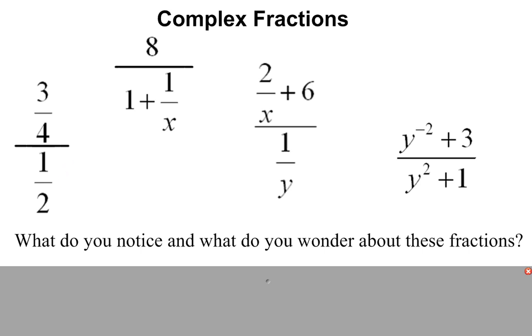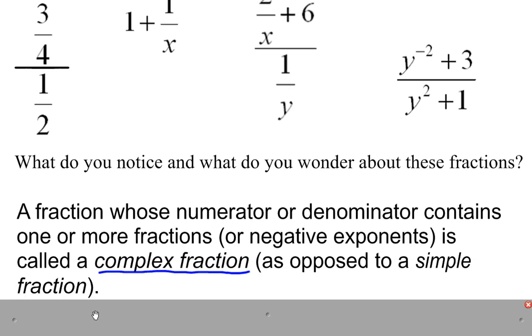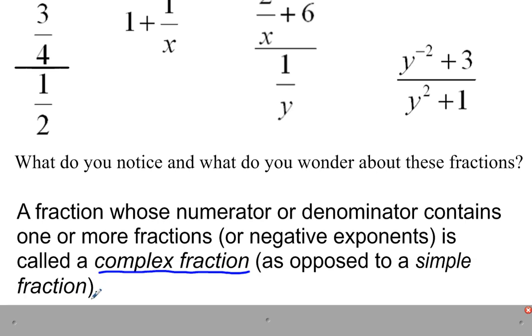Let's define formally what it means to be a complex fraction. Okay? I'd like you to write down this definition. So the definition is a fraction whose numerator and or denominator contains one or more fractions, or possibly a negative exponent, okay, as we had in this last example here. This is a negative exponent.